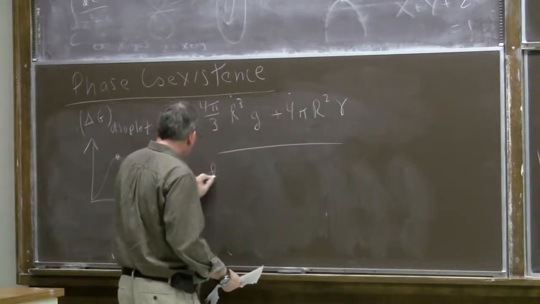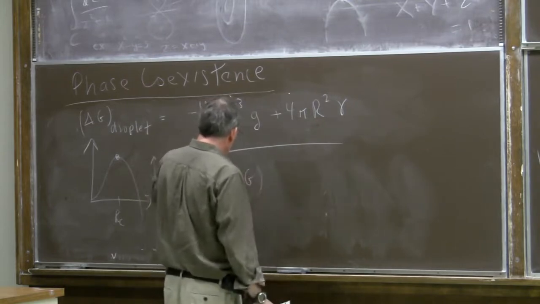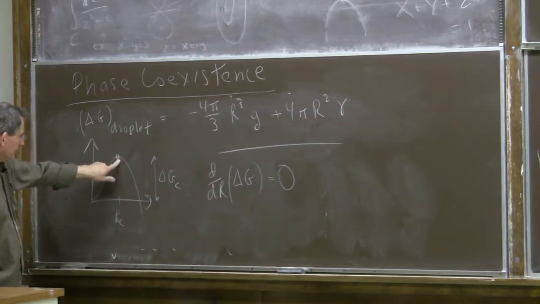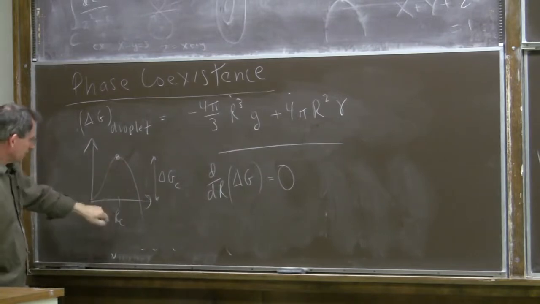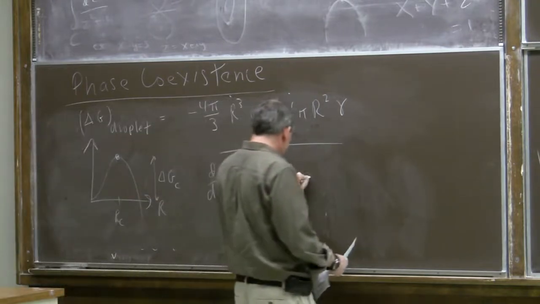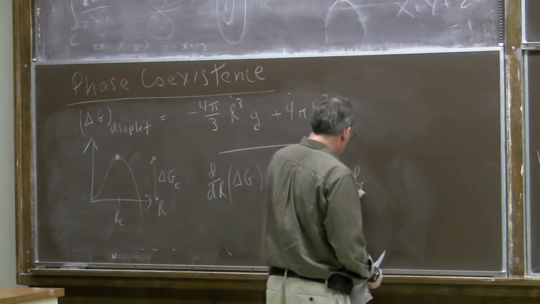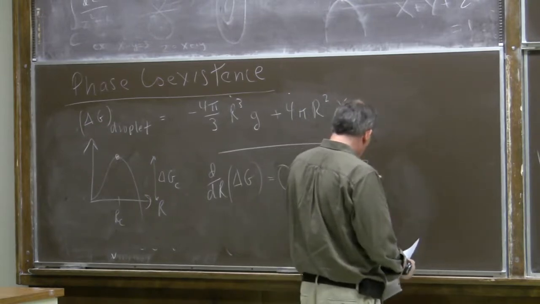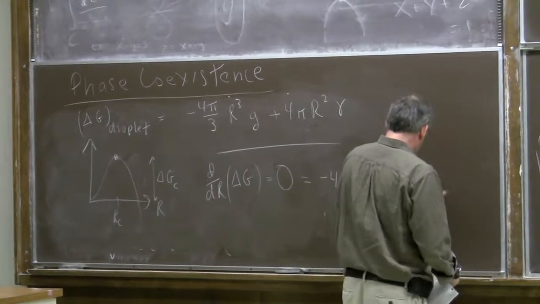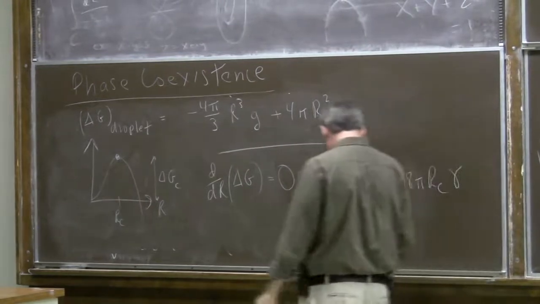So if we say dG/dR = 0 to find where the slope of the Gibbs free energy cost as a function of R goes to 0, this is equal to minus 4 pi critical radius squared times Gibbs free energy per volume plus 8 pi critical radius times surface tension.